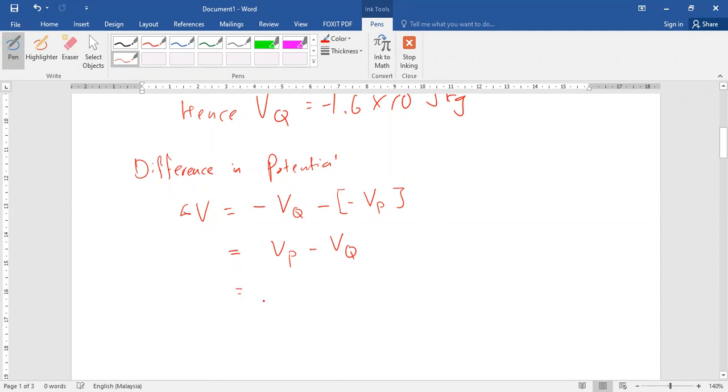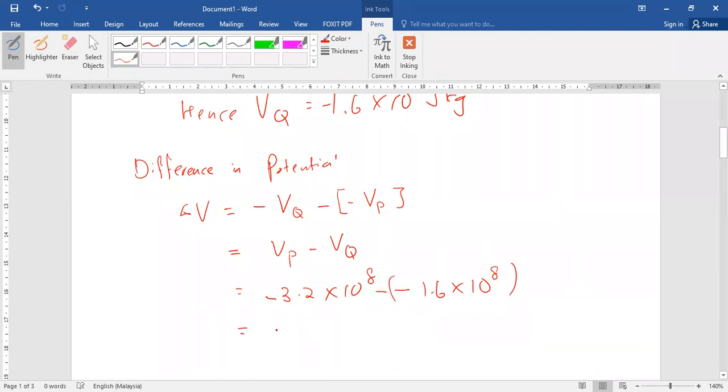VP is equal to how much? Negative 3.2 times 10 to the power of 7, and VQ is negative 1.6 times 10 to the power of 7. So VP minus VQ: VP is negative, so this one minus negative 1.6.